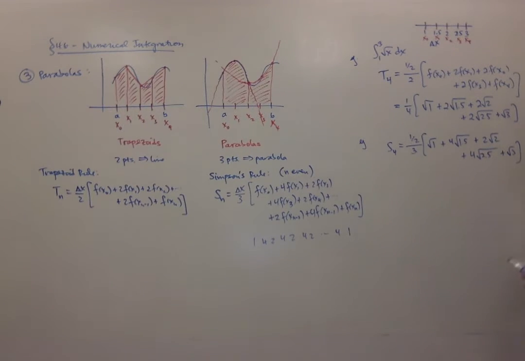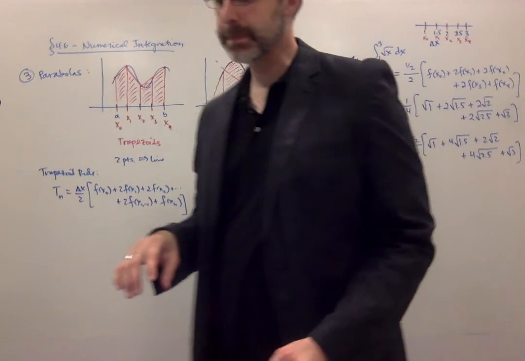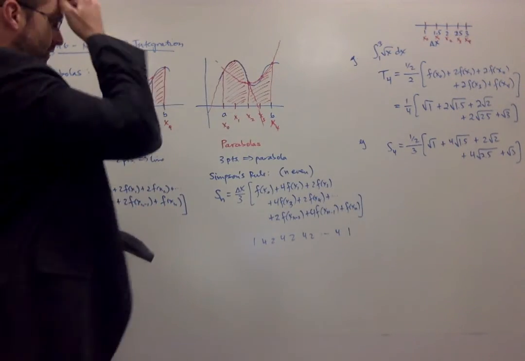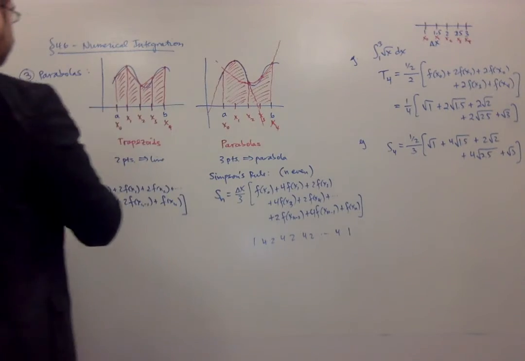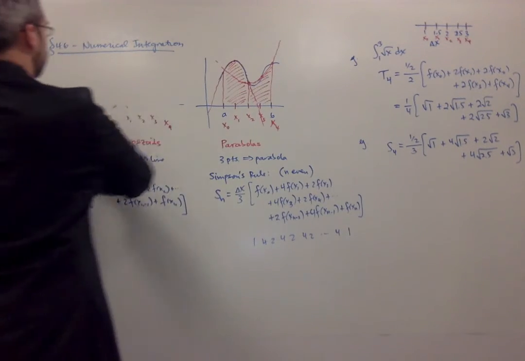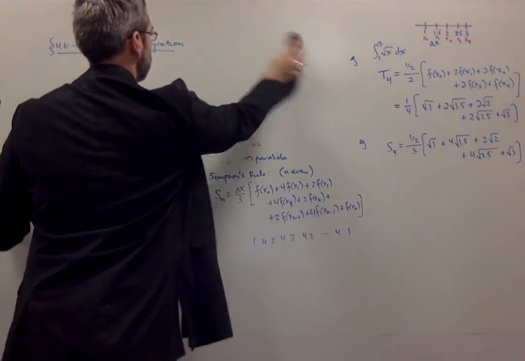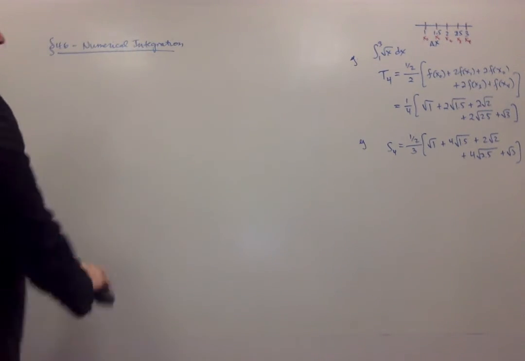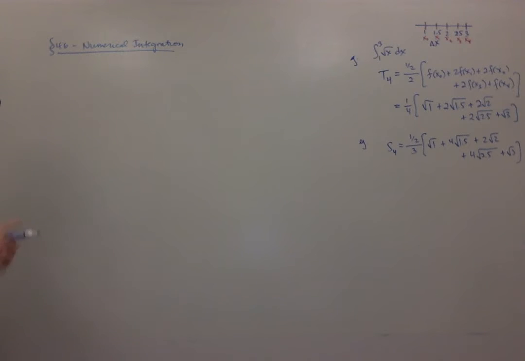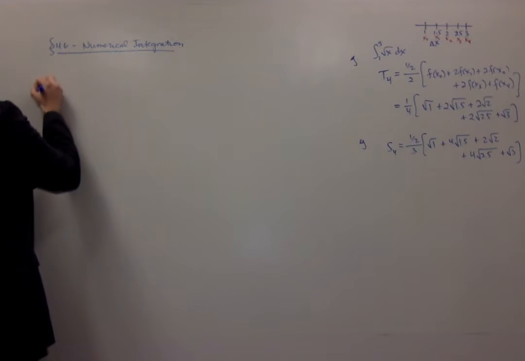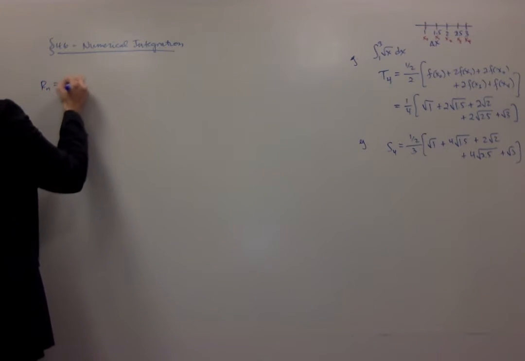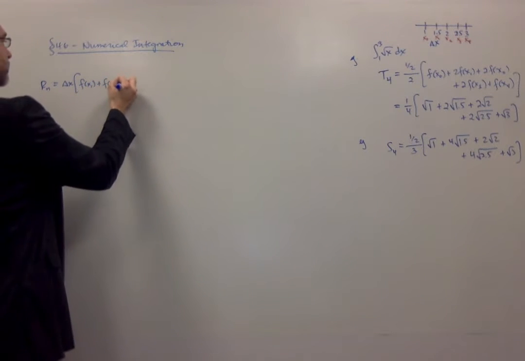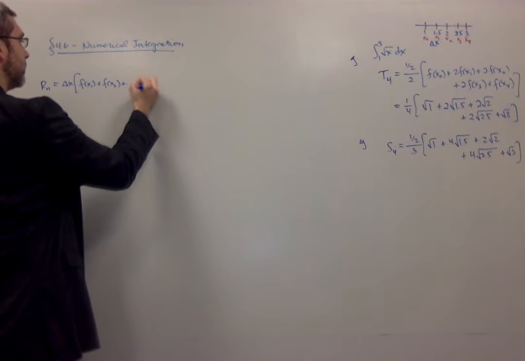One last note. Let me bring all of these formulas together just so you have them. For right endpoints, it was delta x times f of x1, f of x2, all the way up to f of xn.